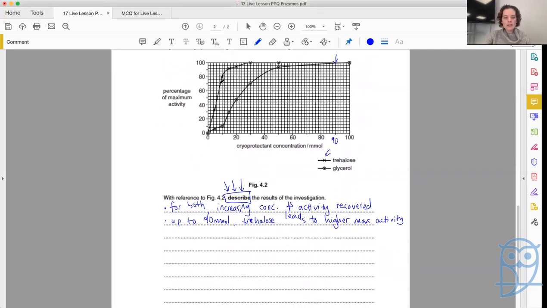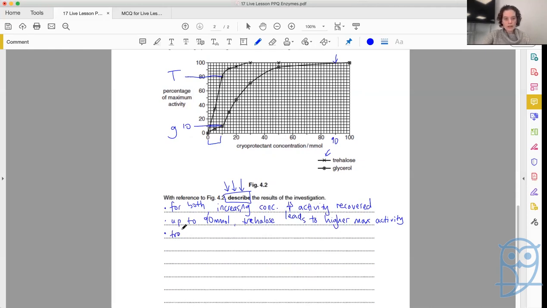Okay, so now let's consider this big difference here at the beginning, because you see how glycerol increases here from 10, but from 0 to 10, there's this massive difference because trehalose goes up to 80, whereas glycerol only goes up to just above 10. So that is a description. It's an important description that at these low concentrations, trehalose is much more effective.